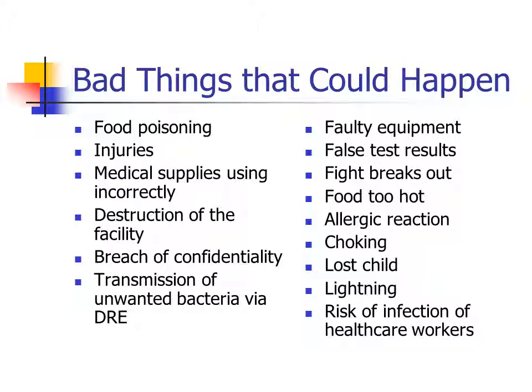Somebody might breach that concept of confidentiality, which makes you vulnerable or liable. You could have a transmission of infection. Interestingly, over here on the right-hand side, the third one, a fight might break out among some program participants, which unfortunately we've already seen here in the recent past.